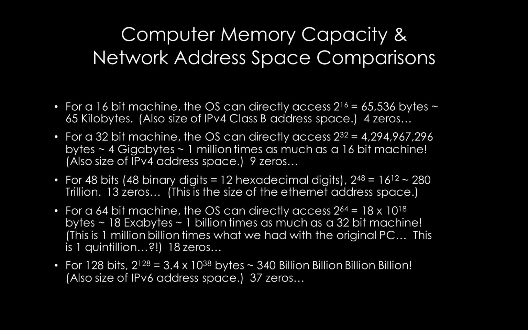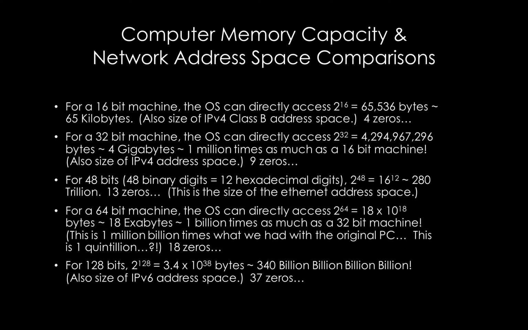For a 32-bit machine, the OS can directly access 2 to the 32, which is what we have today. So it's roughly 4 billion 300 million, which is 4 gigabytes. And this is basically the whole IPv4 address space.